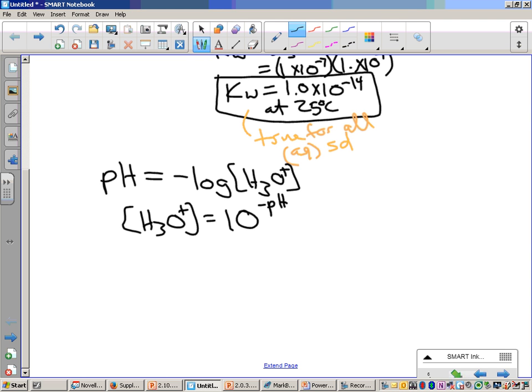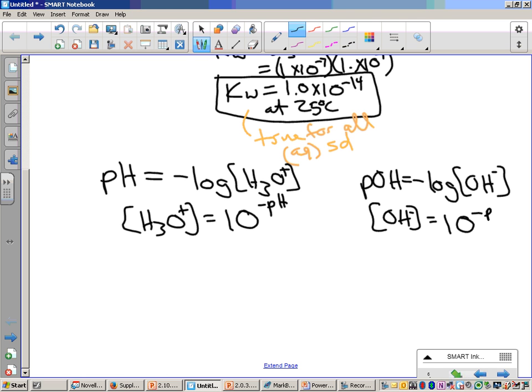You guys probably even reviewed this for the grade 11 test, which is fabulous. We know that pOH is the negative log of the OH minus concentration. And if I want to get OH minus back, it's 10 to the negative pOH. Let me know if anything is earth-shattering here. I don't believe it is.